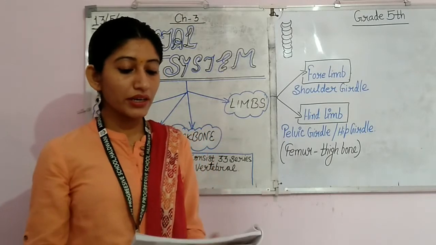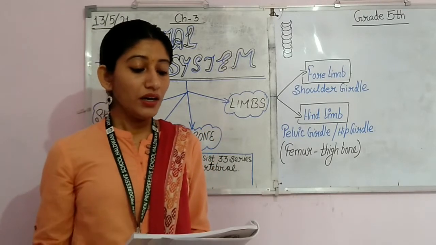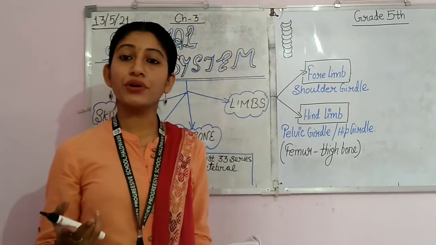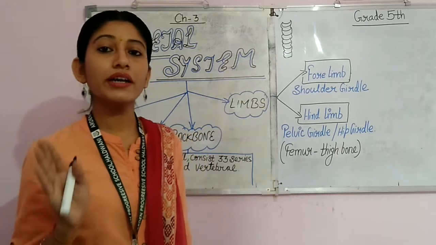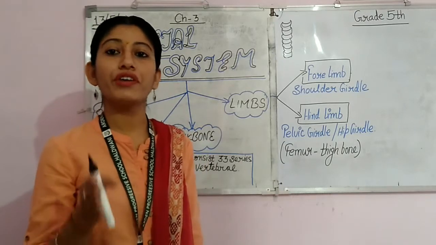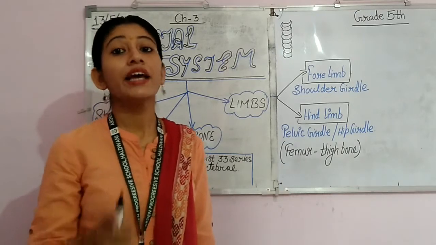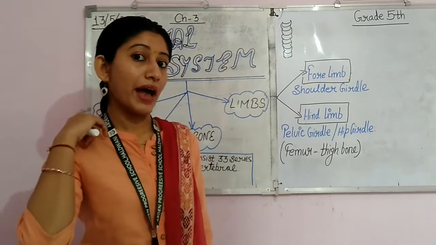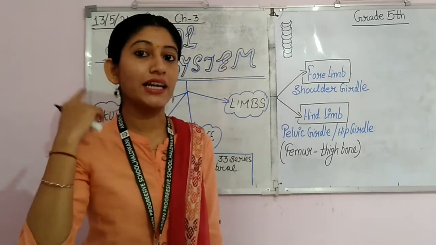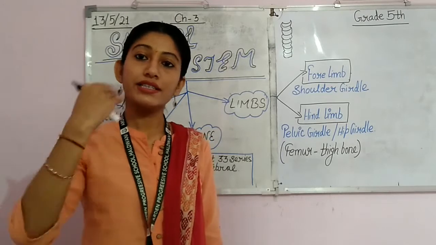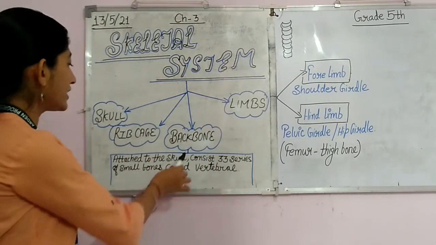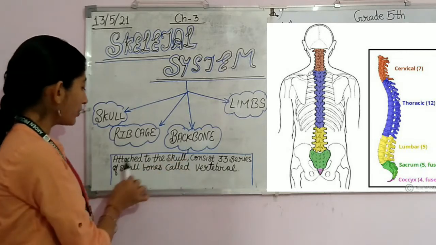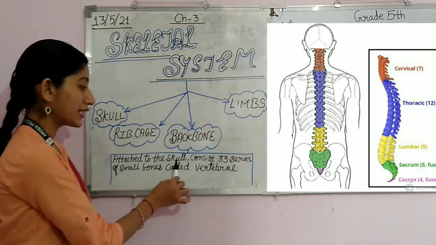Another important thing, yes, I told you that our body can move in different directions. So the important things related to the backbone we have discussed, and you have to remember that the backbone connects to the skull. It is attached to the skull and then it moves down. Here you can see I have written: backbone is attached to the skull.